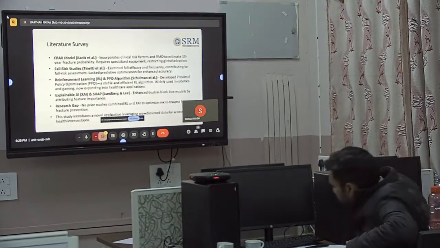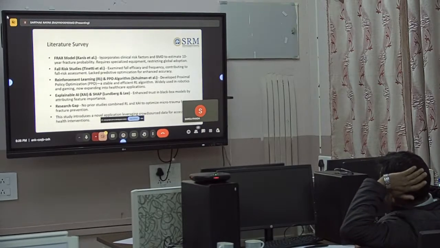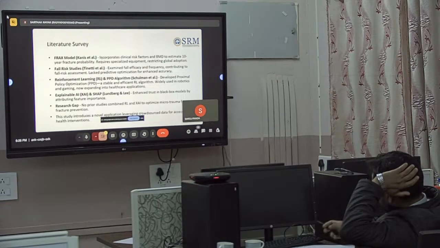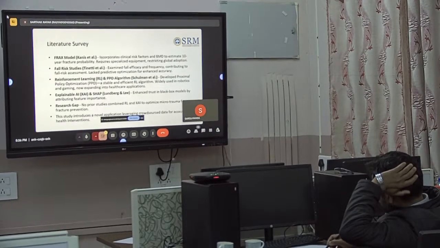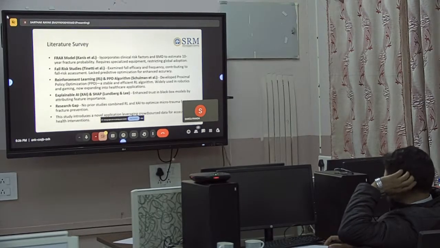Past work includes the fracture risk assessment tool, which relies on bone mineral density and is also expensive and not accessible to most people. Fall risk studies imply that poor balance and stumbles can be an early warning sign of fracture.